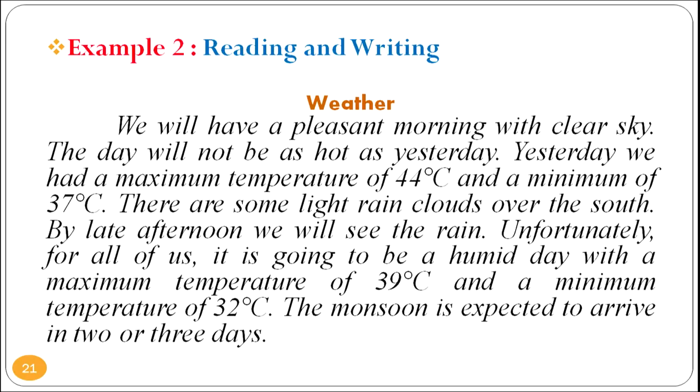There are some light rain clouds over the south. By late afternoon, we'll see the rain. Unfortunately, for all of us, it is going to be a humid day with a maximum temperature of 39 degrees Celsius and a minimum temperature of 32 degrees Celsius. The monsoon is expected to arrive in 2 or 3 days.